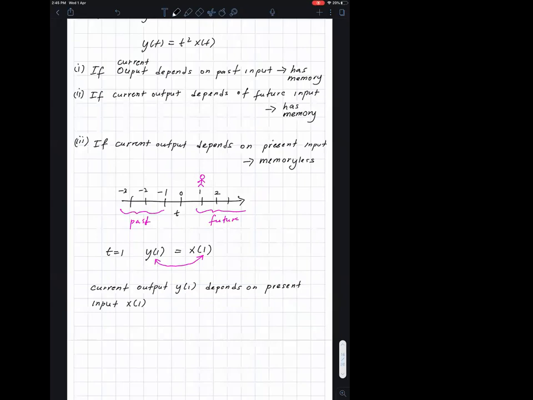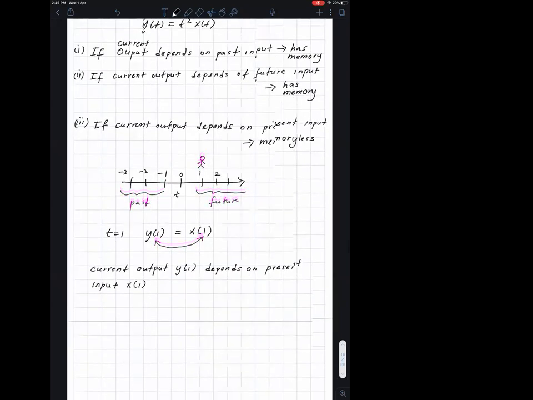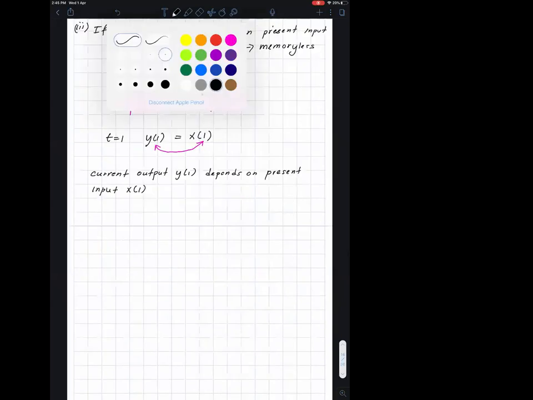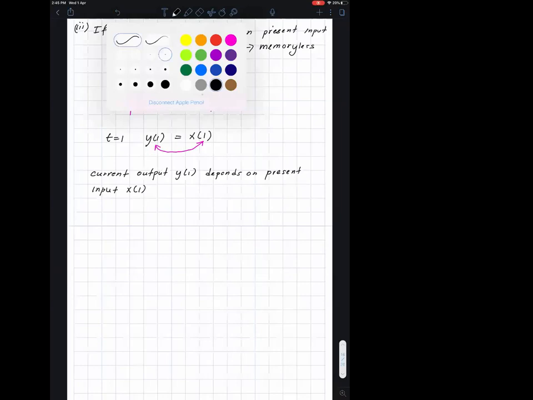I made a lot of notes on this. Maybe you might have forgotten, but let me give you a small example for a case where the system has memory, just to clarify if you're still confused.